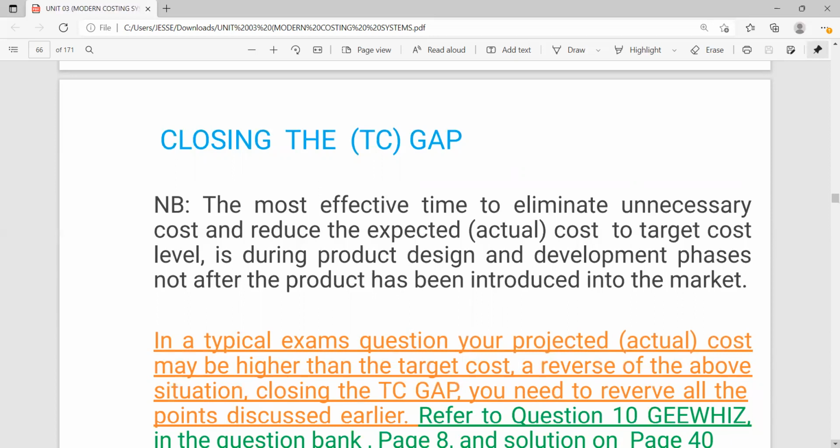During product design and development, that's when you can reduce costs. If the product has already been introduced to the market, it becomes more difficult because you have to recall the product and rework it, and that increases the cost.